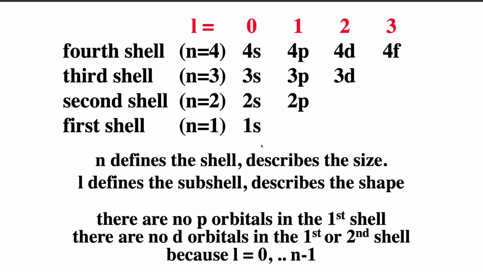Notice there are no p orbitals in the first shell, because again, L goes from 0 to n minus 1, and so if n equals 1, L can only be 0. There are no d orbitals in the second shell, because again, L goes from 0 to n minus 1, and so in the second shell you can have L equals 0 and just L equals 1.